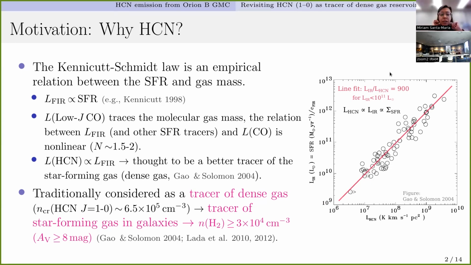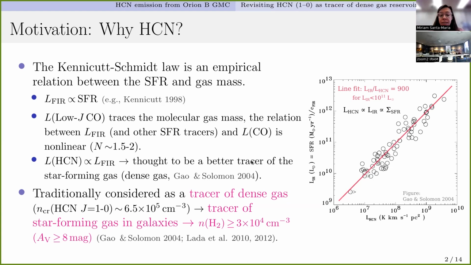So Gao and Solomon in 2004 published a survey of nearby galaxies and found what you can see here in this figure, and that is that the HCN luminosity is linear in the log-log scale with the infrared luminosity. So they thought that the HCN luminosity is a better tracer of the star-forming gas.